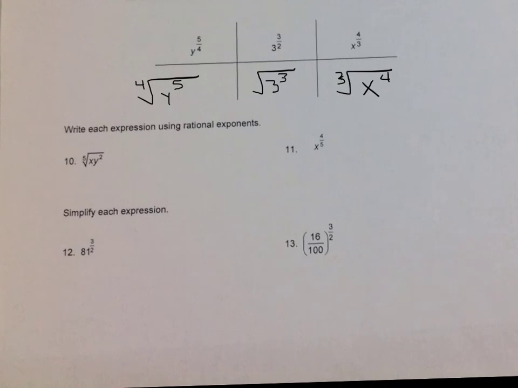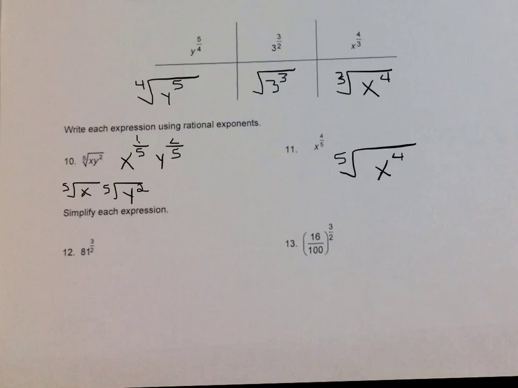Number 10, you should have gotten x to a power of 1/5, y to a power of 2/5, which would give you the fifth root of x times the fifth root of y to a power of 2. Number 11, you should have gotten the fifth root of x to a power of 4.